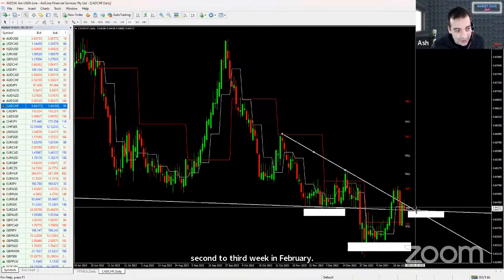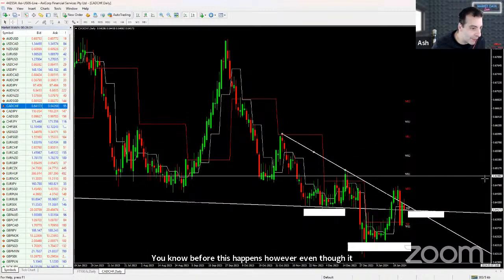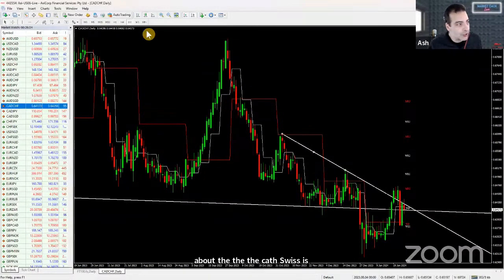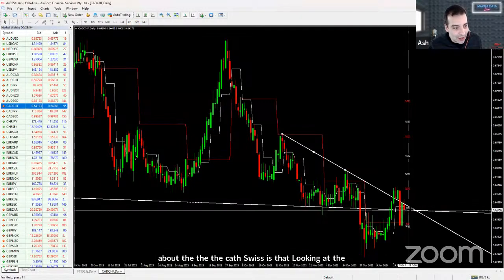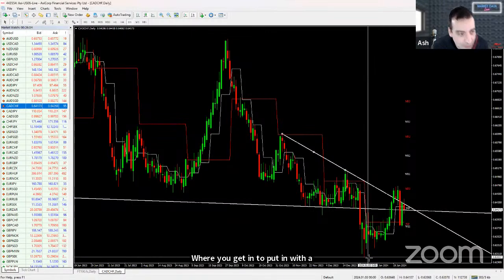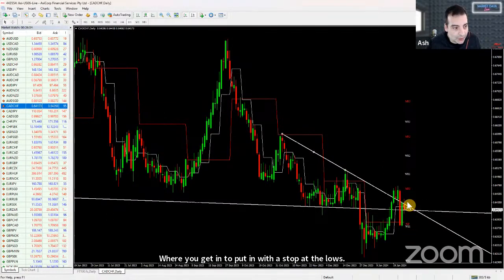However, even though it could bubble around down here, the great thing about the CAD Swiss is that looking at the monthly, it's so low that it won't matter where you get in with a stop at the lows, because it's got such a long way to go. It's been so heavily sold off.